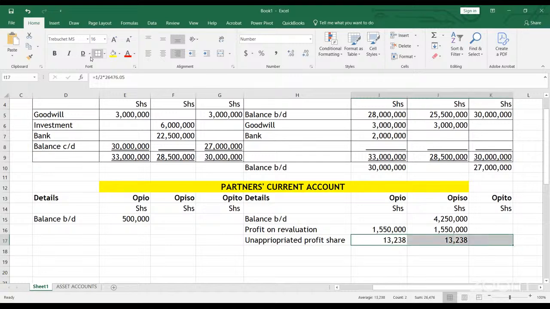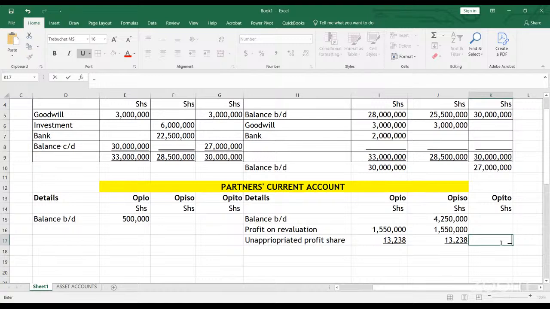Opito has no share, he is just a new partner who has just joined. He has no share of profit so far.